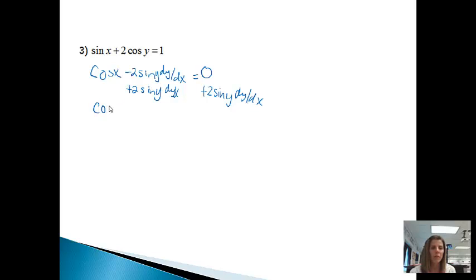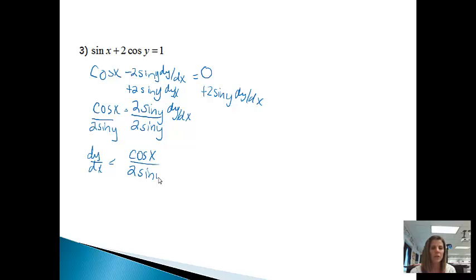So now I have cosine x equals 2 sine y dy/dx. To get dy/dx by itself, I'll divide both sides by 2 sine y. And so I'll get dy/dx equals cosine x over 2 sine y. And so that will be my derivative.